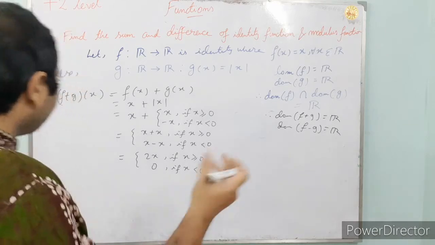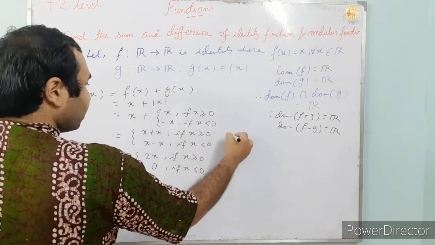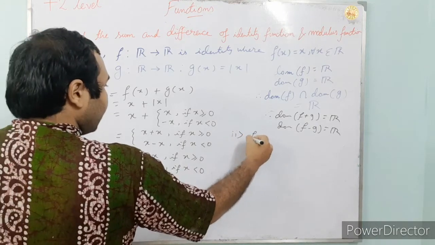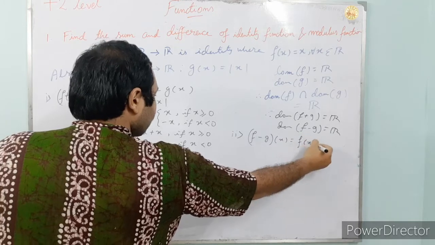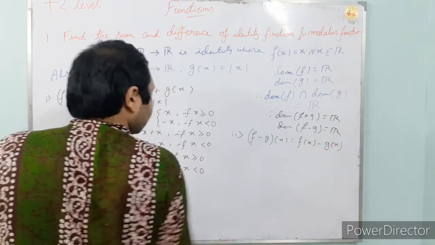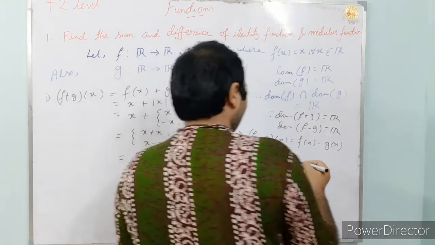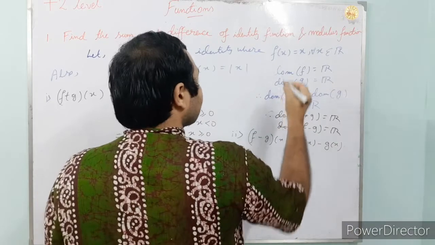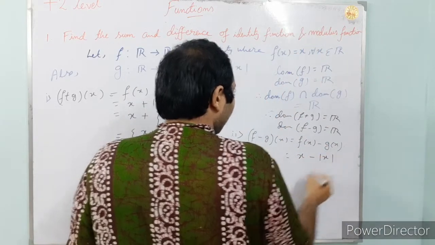Okay, so let us do the subtraction here with similar logic. f minus g of x equals f of x minus g of x, you know this one. Here f of x is x, minus mod x.